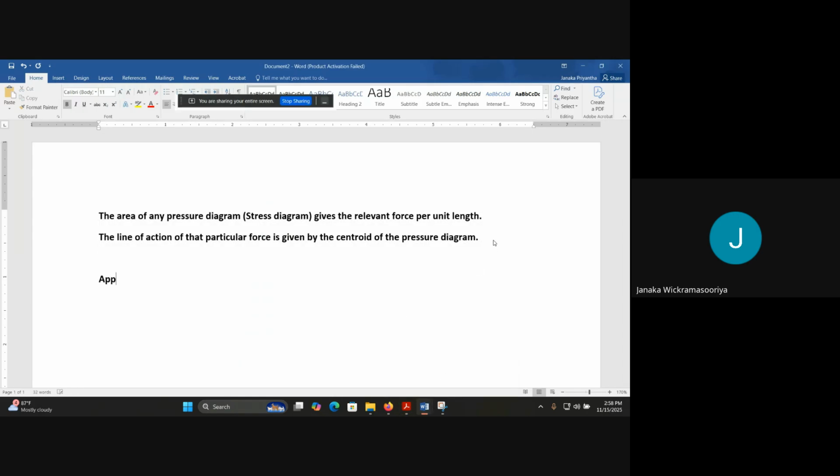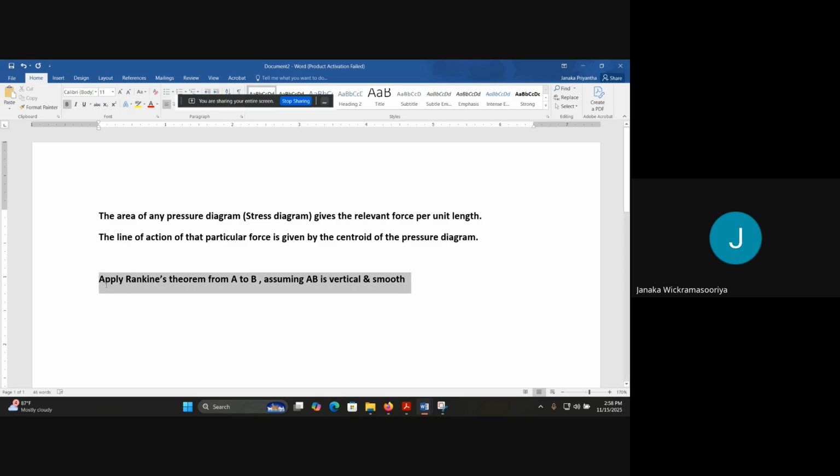Then we will apply Rankine's theory from A to B, assuming AB is vertical and smooth.